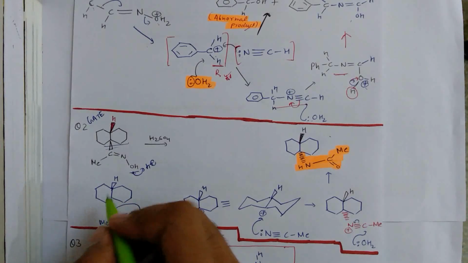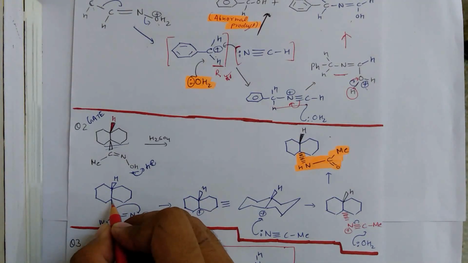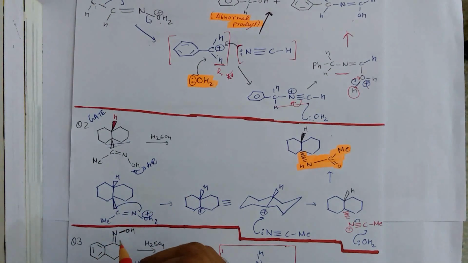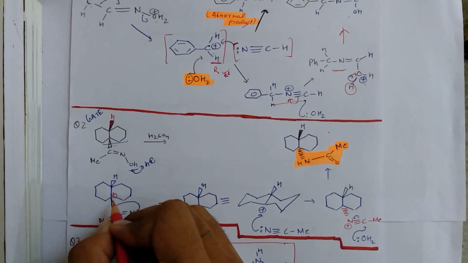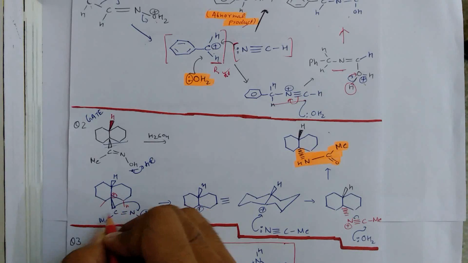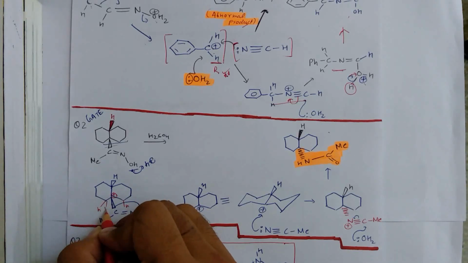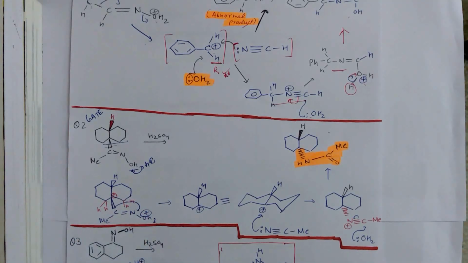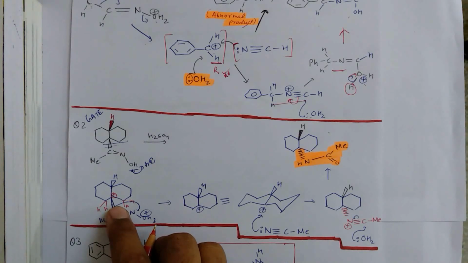But as you can see, there is a possibility of carbocation formation here, because the carbocation so formed here will be stabilized by hydrogens by hyperconjugation. So it is very stabilized.